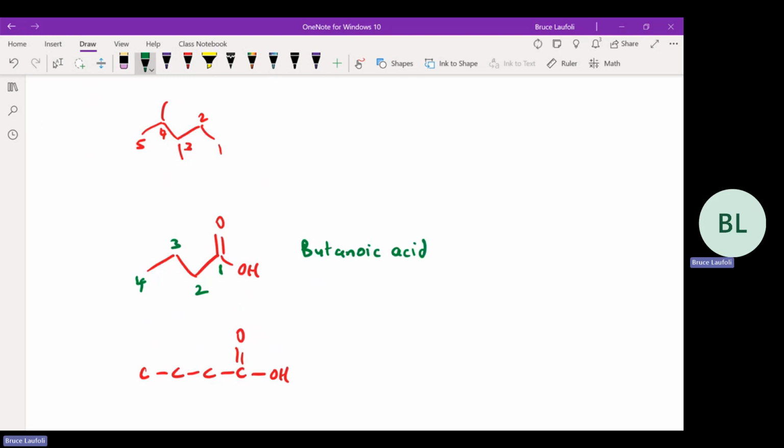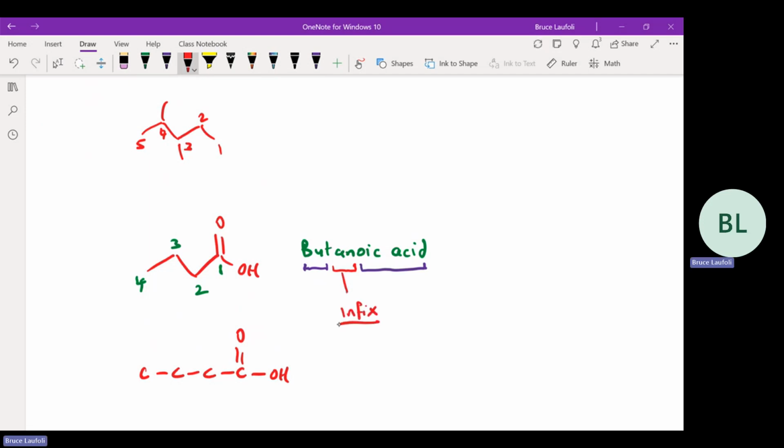Now this portion here is the prefix. This portion here is the suffix. What we have over here is called an infix.